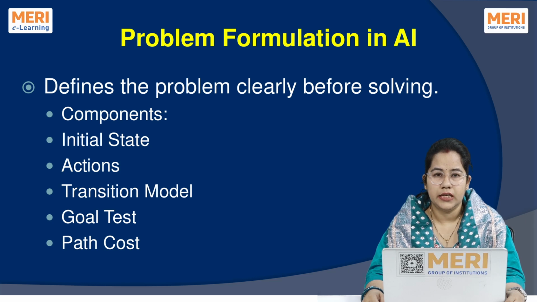The initial state defines where the search begins, and the actions describe what moves are possible. The transition model explains how each action changes the state. The goal test checks whether the desired objective has been achieved. The path cost function calculates the cost of moving from one state to another, helping determine the best solution.